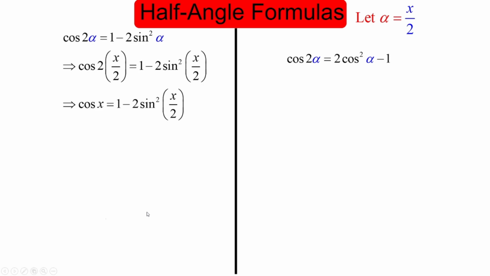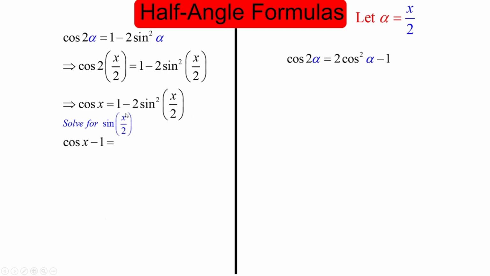I like that. Now look at that equation right there. Could we solve for sine of x over 2 and have our half angle identity for sine? I think so. So we're going to solve for sine of x over 2. So let's do a little algebra 1 here. Well, we need to get rid of this 1, so let's subtract 1 from both sides, giving us cosine of x minus 1 on the left.